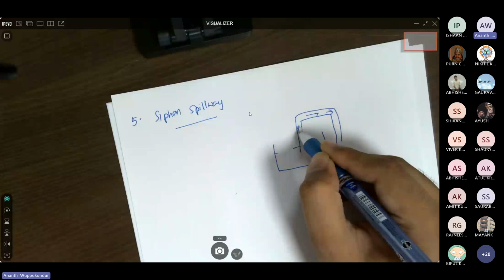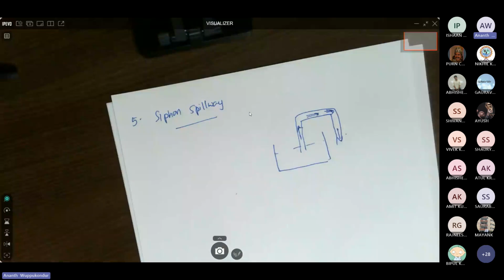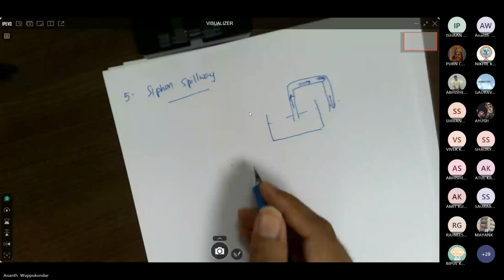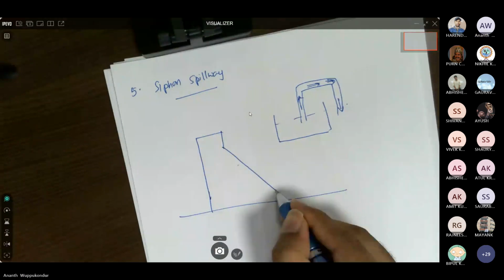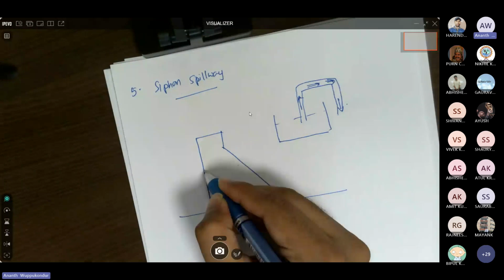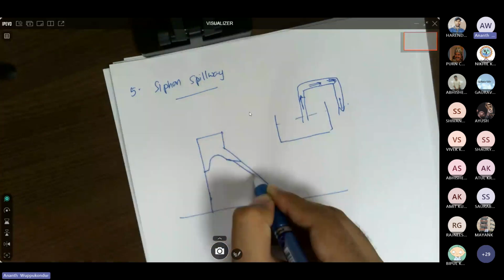Now we are going to make use of that principle in discharging water from one side of the dam to the other side. So let's say this is the dam. Now the spillway will be provided inside the dam like a shaft.